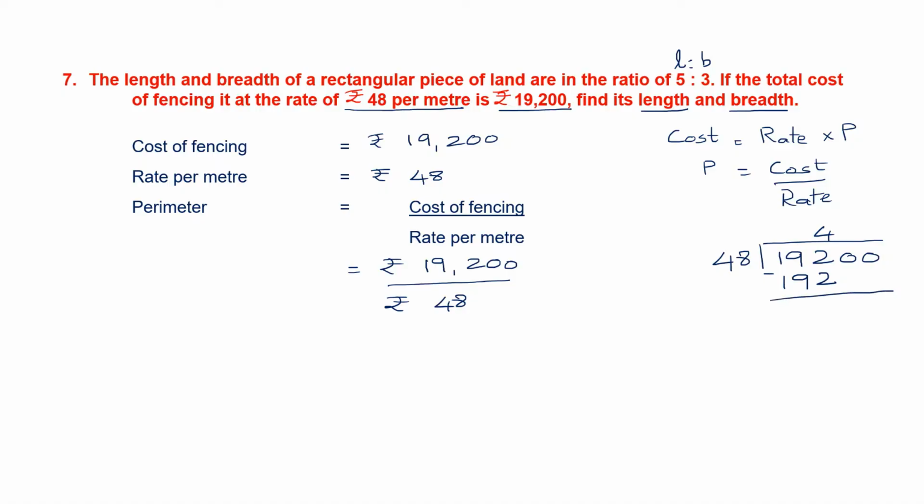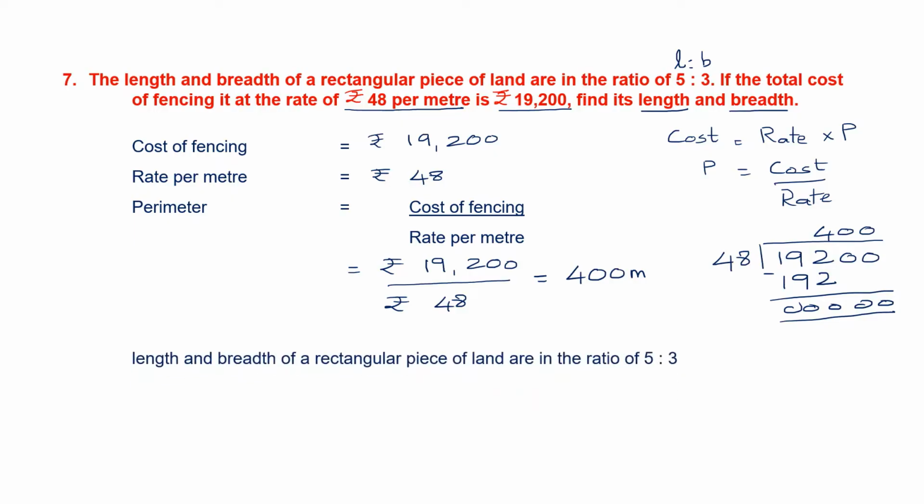Then 0, and we have two zeros which we can carry down. So now we've got our answer there, 400. That means the perimeter is 400 meters. Now let's continue. Length and breadth of a rectangular piece of land are in the ratio 5:3. We saw that in the beginning.